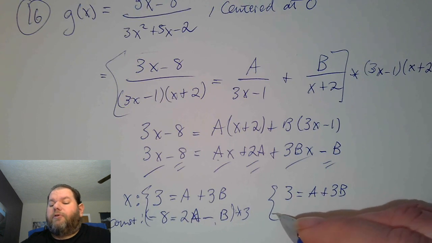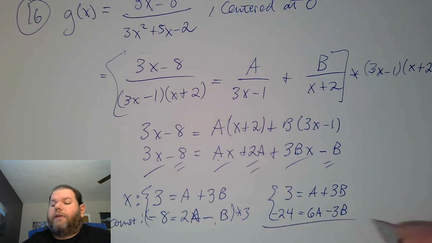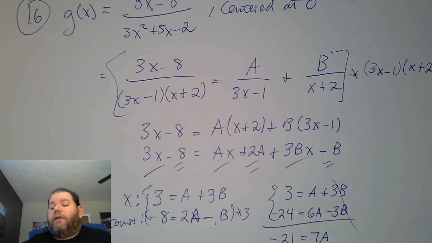Second equation we multiply by 3. And now we add them together, and the b's cancel out by design. So again, negative 21 equals 7a, which is great, because a will be a whole number. A is negative 3.